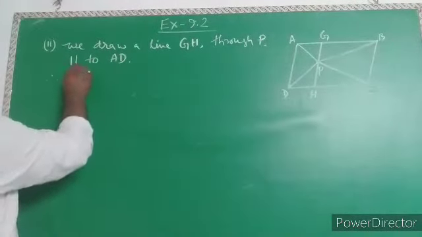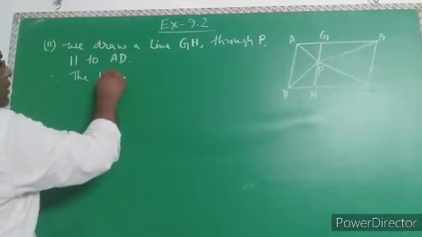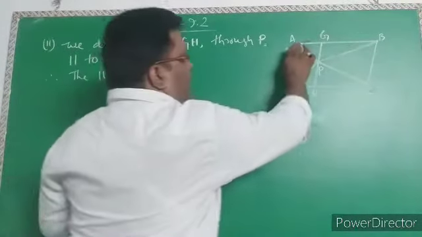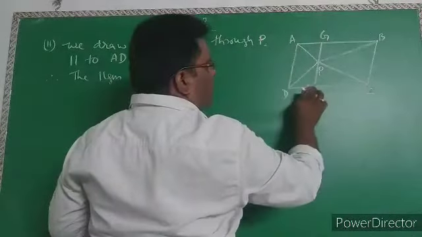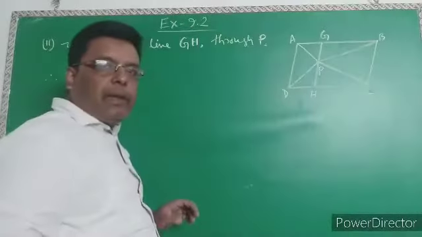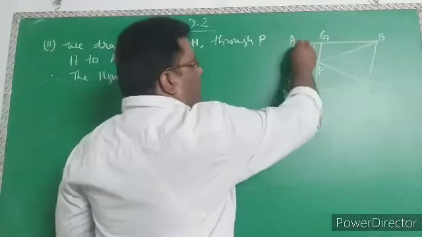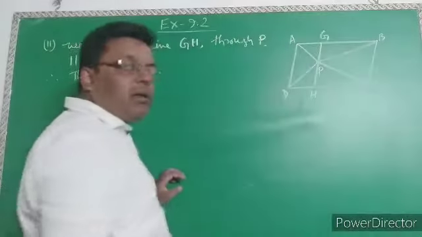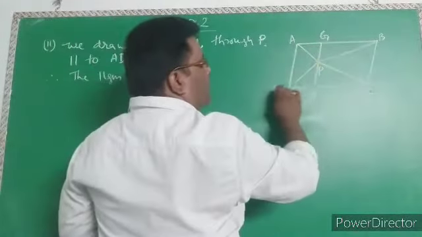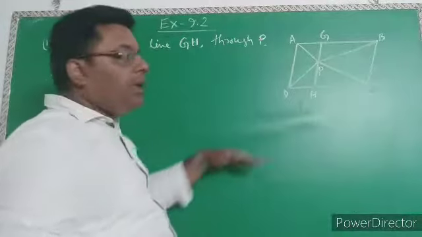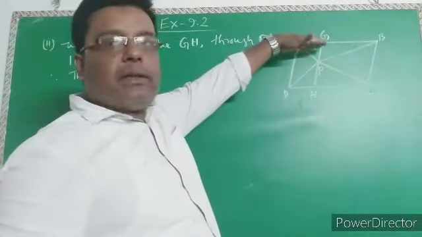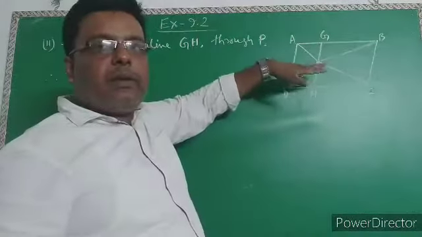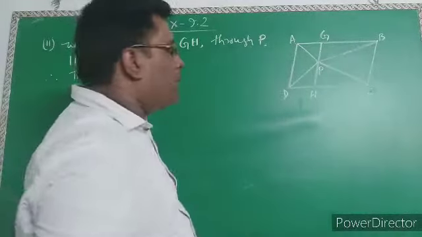Therefore, now AGHD becomes a parallelogram because AD and GH are parallel by the construction, and AG and DH are parallel because opposite sides of a parallelogram are parallel.